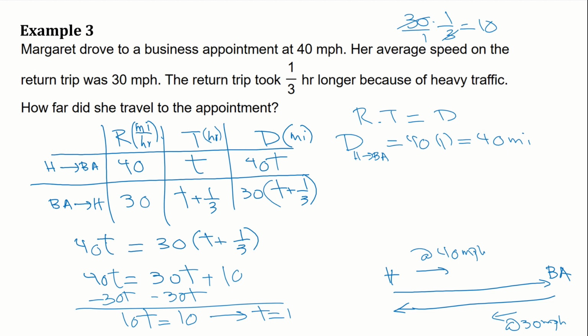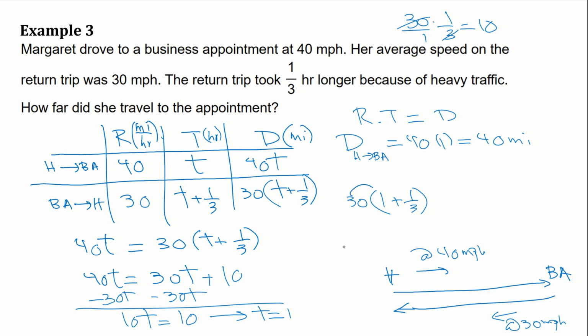So now, just out of your own curiosity, you should make sure that this gives you the same answer, because this, after all, should be the same distance, right? So let's just do that as a little bonus. Let's do 30 times 1 plus 1/3, right? Now, I'm not going to sit here and try to combine those or anything like that.